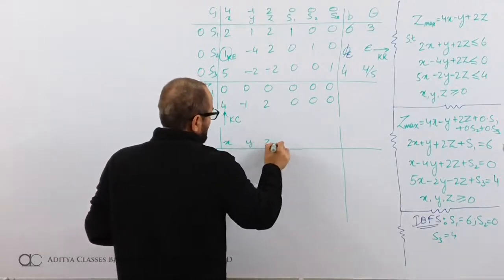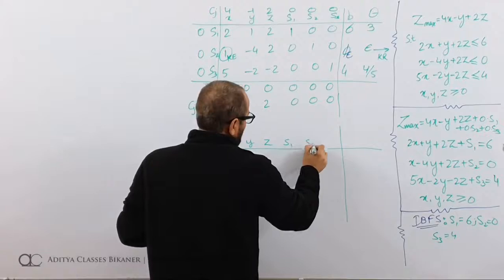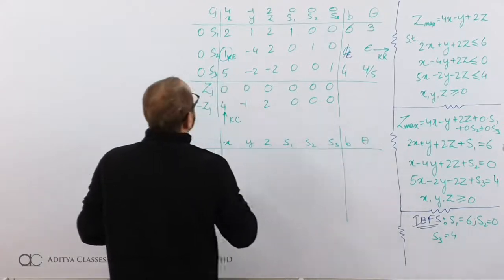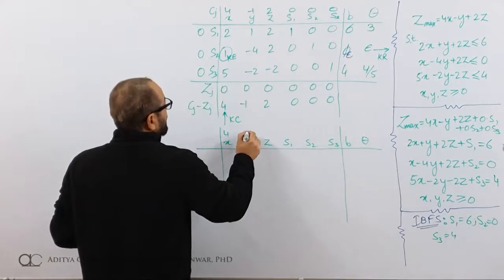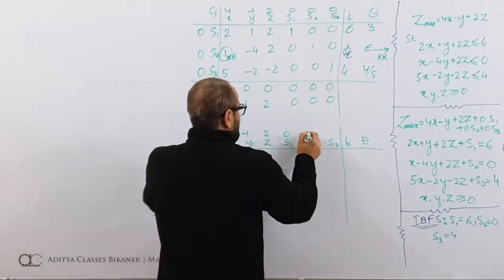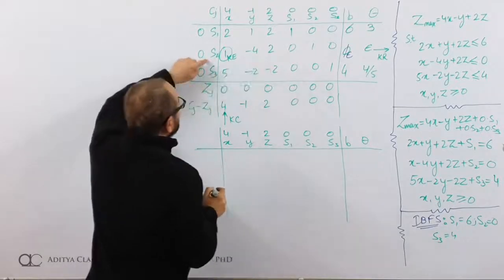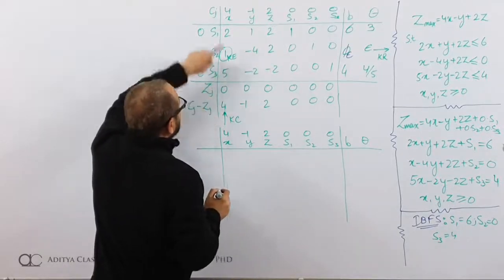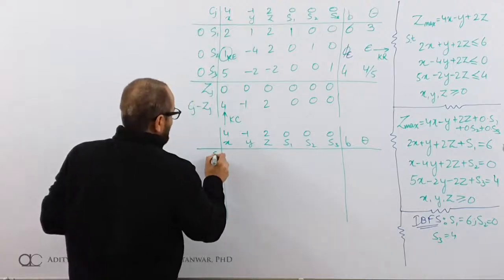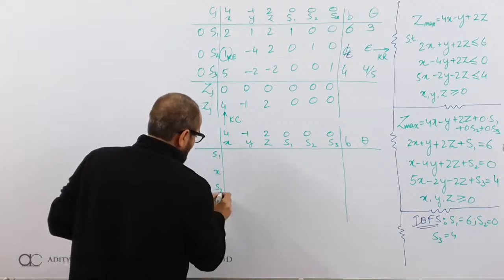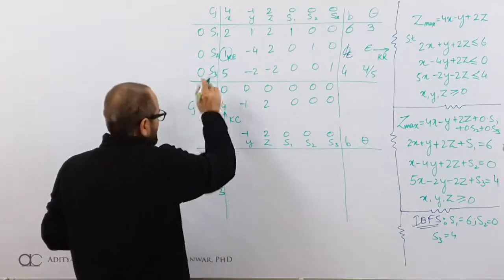X, Y, Z, S1, S2, S3, B and theta. 4, minus 1, 2, 0, 0, 0. Now S2 is moving out, instead X is coming in. So we have S1, X and S3, S3 is intact.